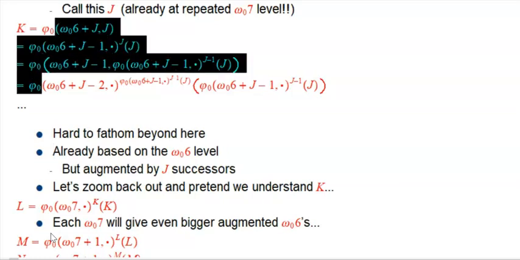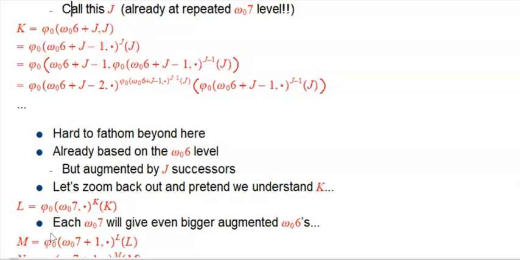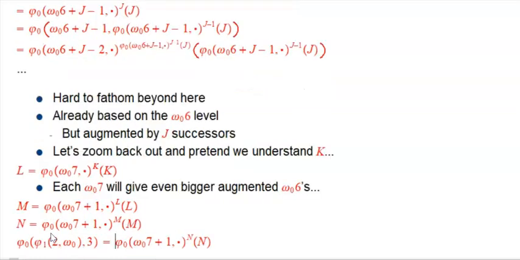It's going to expand in terms of crazy, crazy augmented omega 6s, where the augmentation is K and beyond, which are already way bigger than this J, which was freaking me out for sure. Okay. And then we do the same thing that M is then apply the omega naught 7 plus 1 function L times on L.